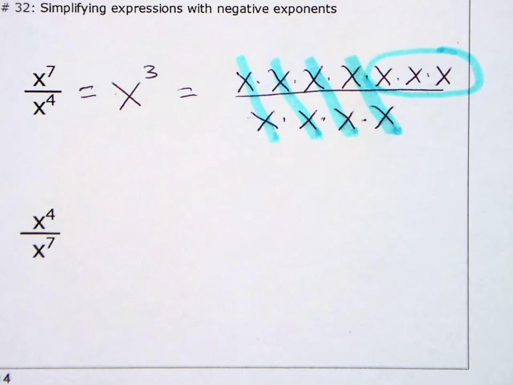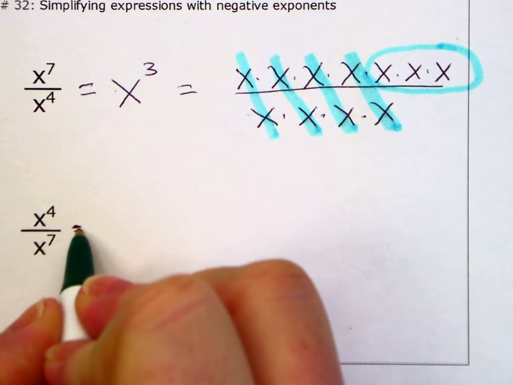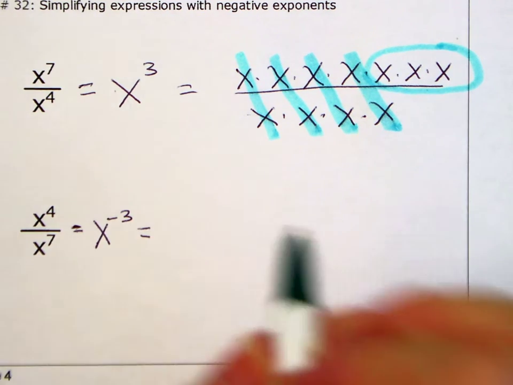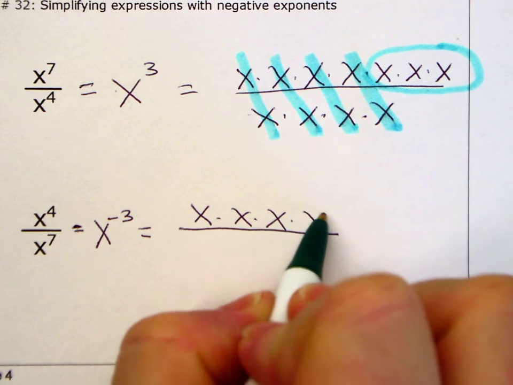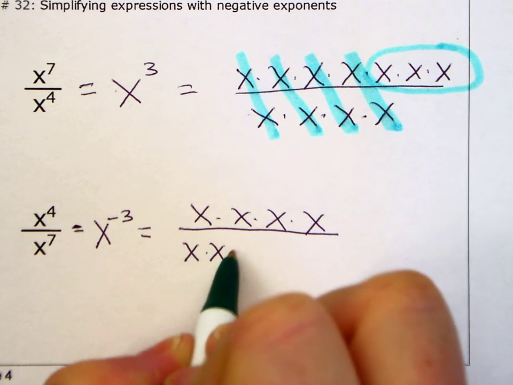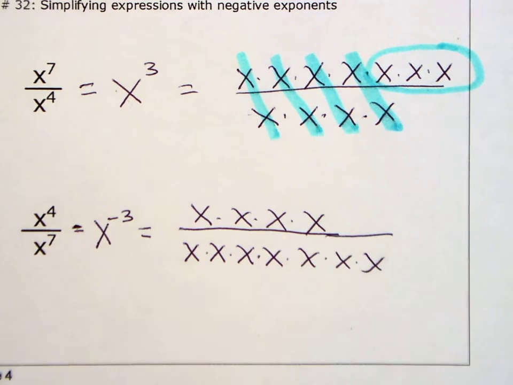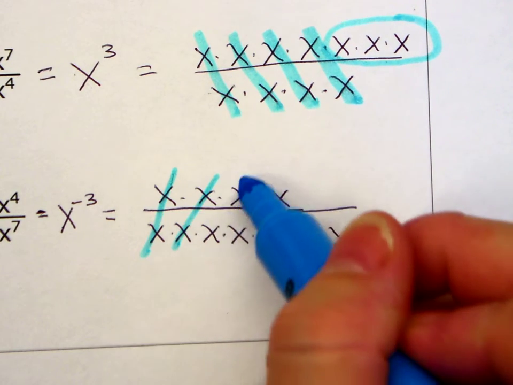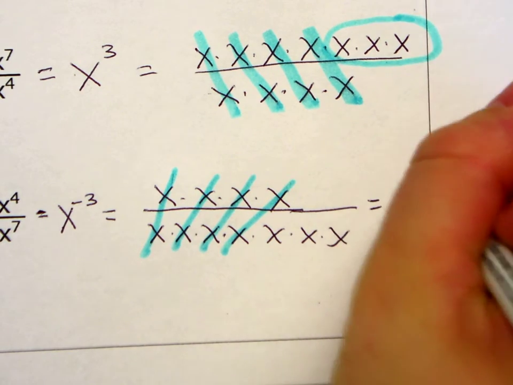Okay? Now, if we do it like this, though, what do you get when you do 4 minus 7? 4 minus 7 is negative 3. Same idea. There's 4 on top: 1, 2, 3, 4. 1, 2, 3, 4, 5, 6, 7. Right? So now the 4 that cancel out, now what's left on top? Nothing. But when you're multiplying, what's a nothing? It's really a 1 over.